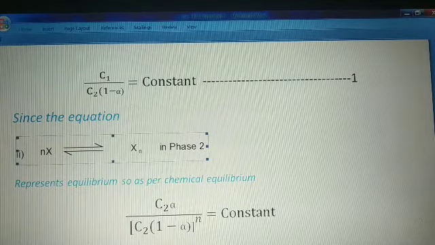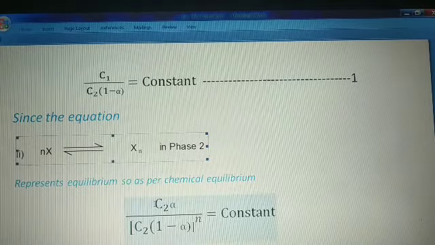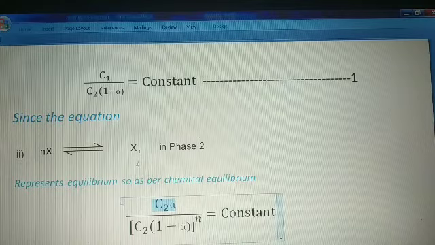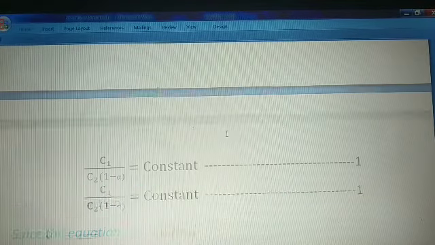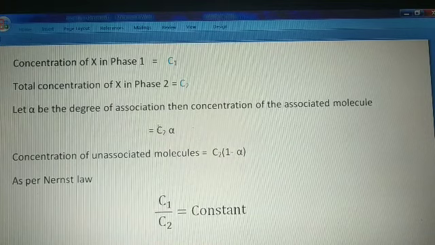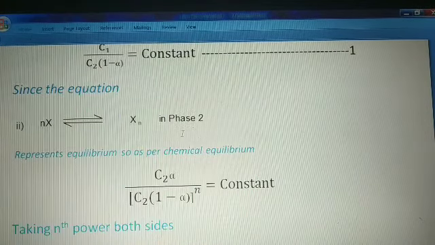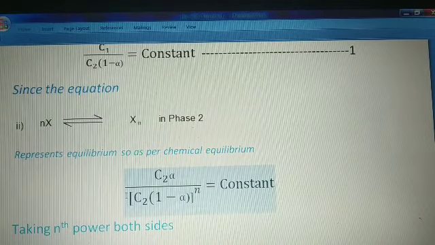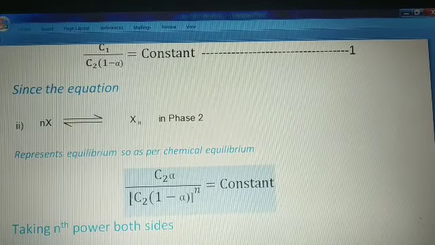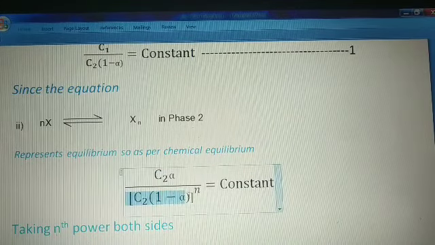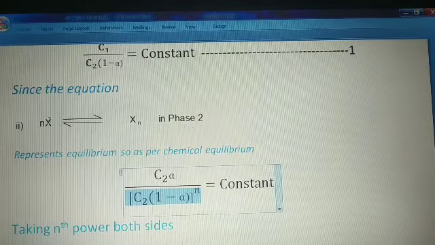Applying the law of equilibrium, the product is the concentration of Xn, that is the concentration of the associated molecule, C2 into alpha, as already calculated, divided by the concentration of the reactant.